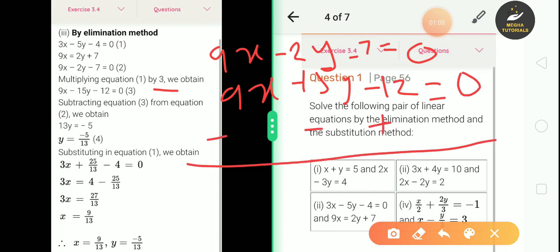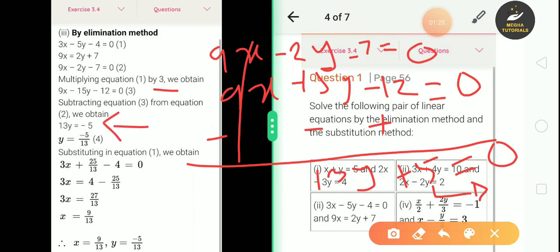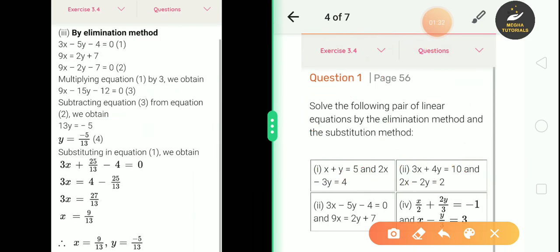So 9x minus 9x cut, 15y minus 2y is 13y, 12 minus 7 is plus 5, equal to 0. So if you transpose 5 to the right hand side, you will get 13y is equal to minus 5. Further, using transposition you can get y is equal to minus 5 upon 13.